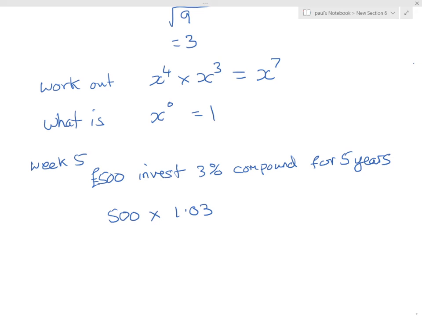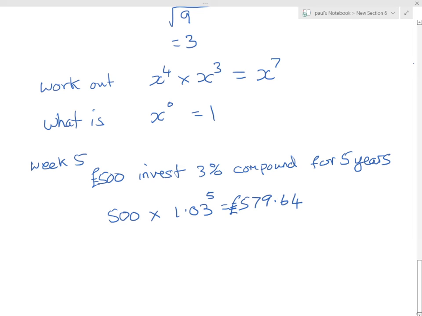So it's always 1 point something or other, yeah? Unless of course you're losing value, but this time we're increasing, and we're doing it for 5 years, so just do it to the power of 5. And I'm going to have to use a calculator for this one, so can't do that in my head. So 500 times 1.03 to the power of 5 equals £579.64. Yeah, I've rounded it to the nearest penny.